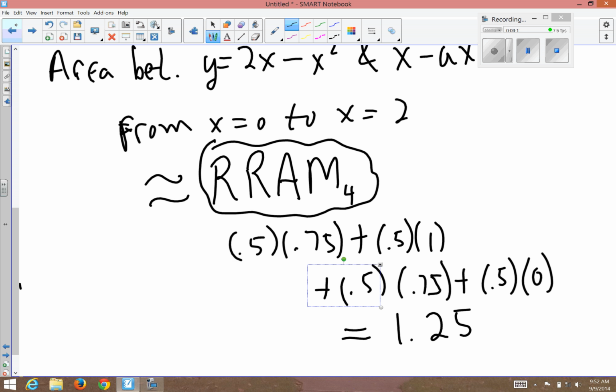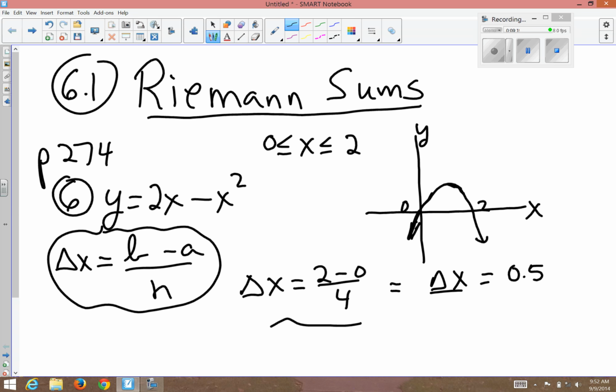That number, 1.25, is an approximation for the area of the region between this curve and the x-axis. We're going to say the area of this region is approximately whatever number we just got.